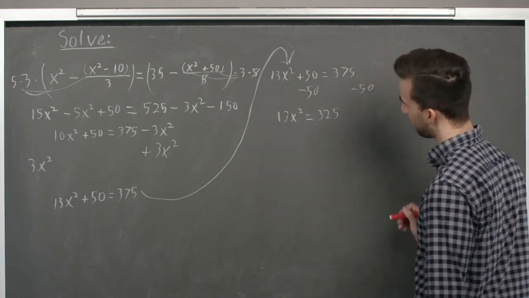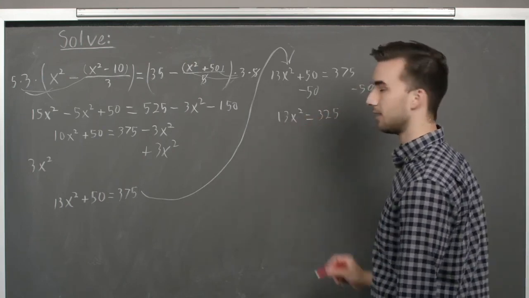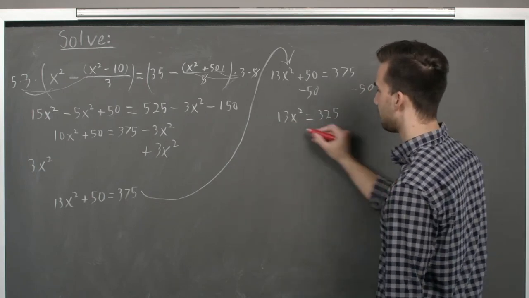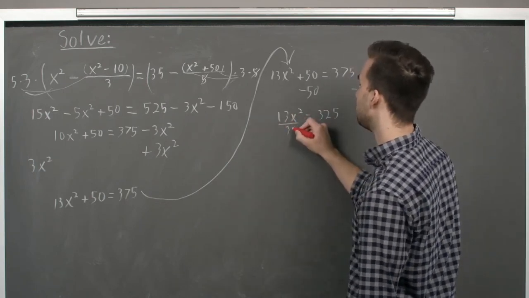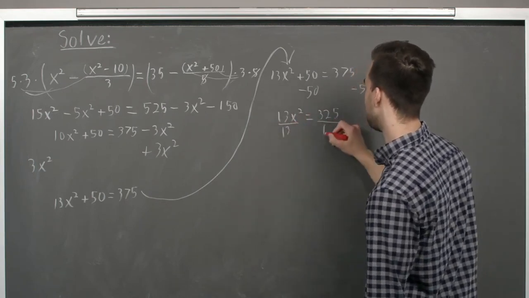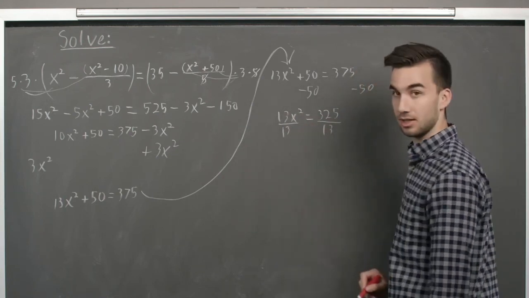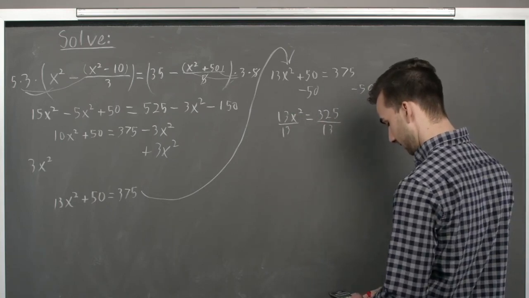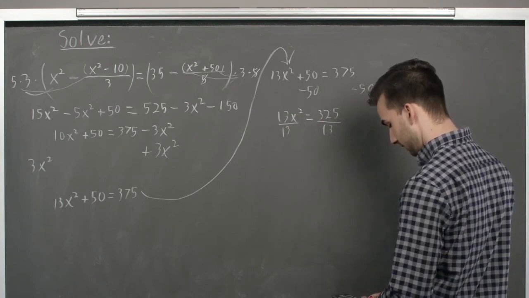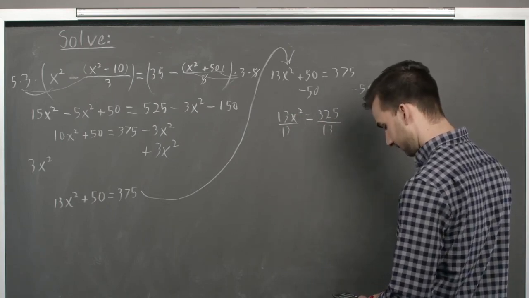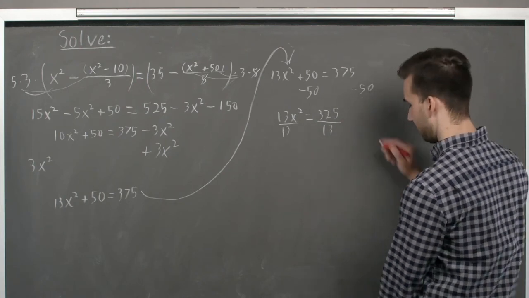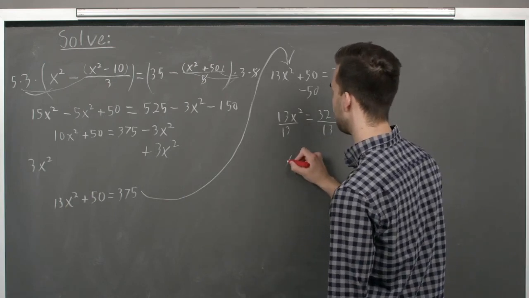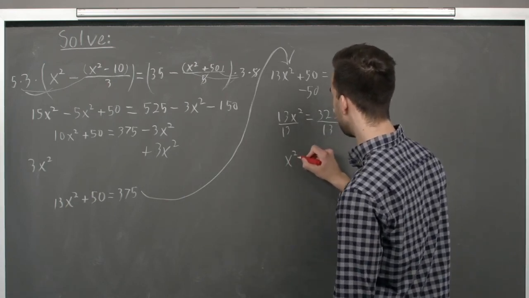So now we're left with a factor of x squared, but we want to solve for x. So let's divide both sides by 13 to get the x squared by itself. Let's see if 325 can be divided by 13 cleanly. Perfect. 325 divided by 13 is just equal to 25.